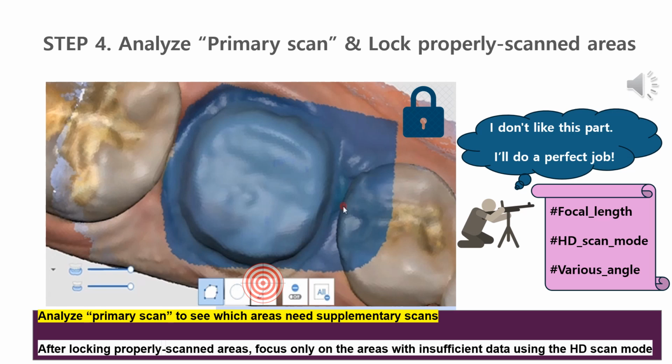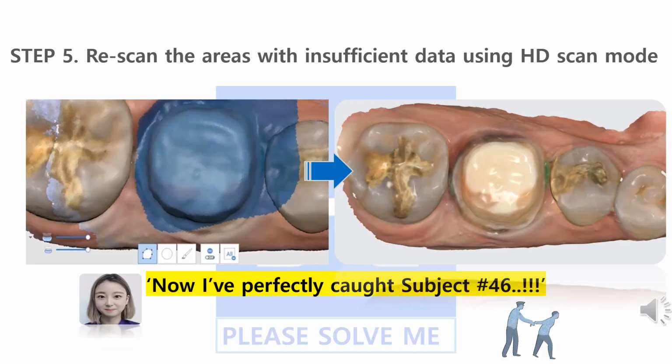After achieving green colors on the reliability map for all margin areas, your scan for the modelless crown is finished. The last step is rescanning the areas with insufficient data using HD scan mode.